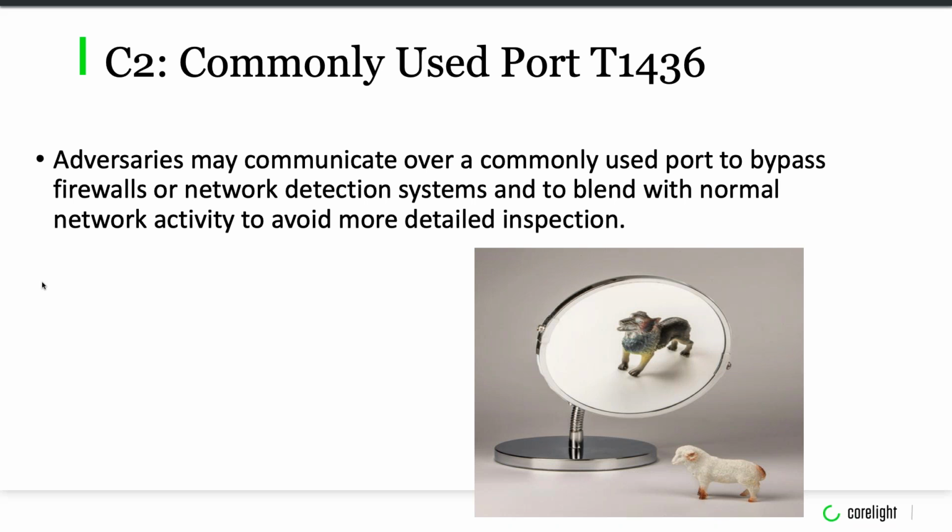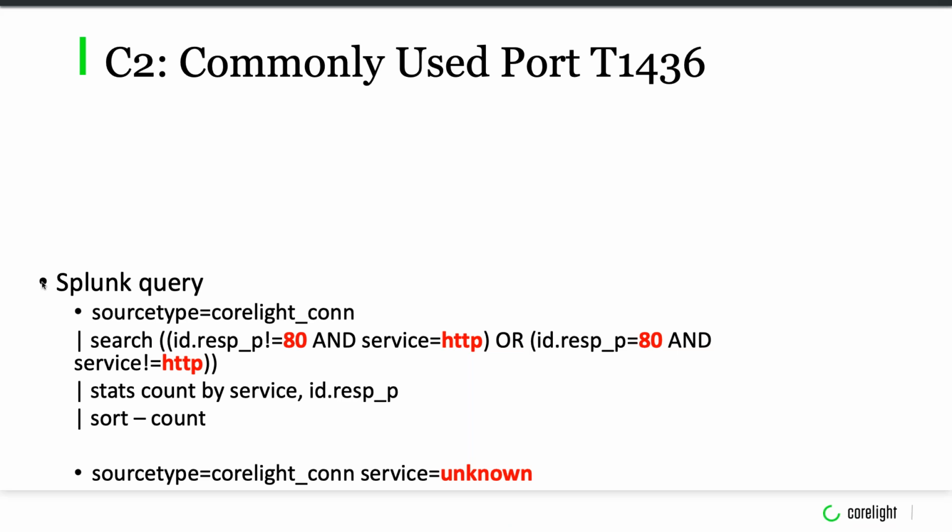Is that really a sheep, or is it something else more nefarious? The way that Zeek and Corelight address this is through dynamic protocol detection. Before we talk about the actual dynamic protocol detection, let's look at a query again. Again, this could be in any analytics platform. And what you see in red in the first query is we're looking at our connection.